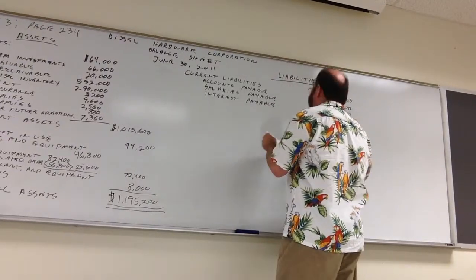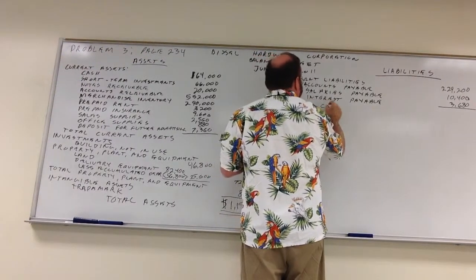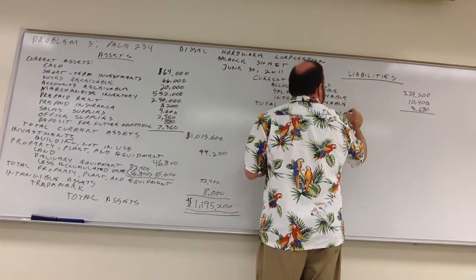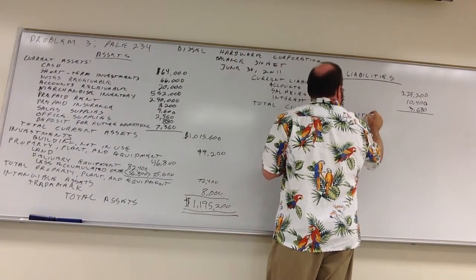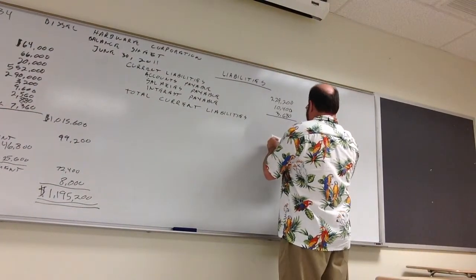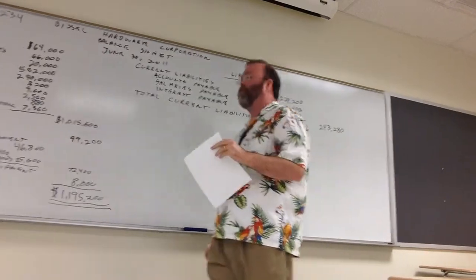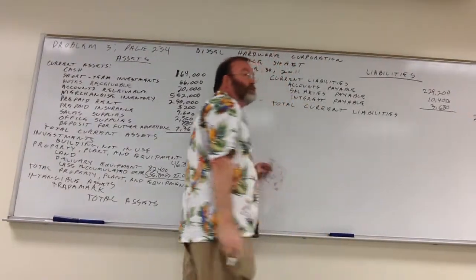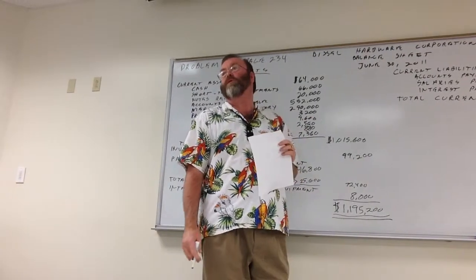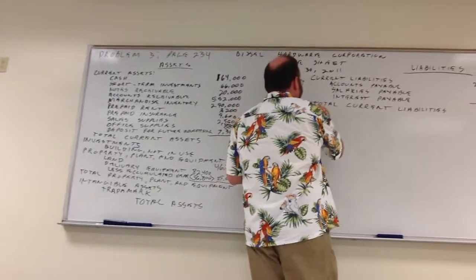Add those three together, and we get total current liabilities of $243,280. Everything else that we owe money to, if we're not going to pay it in the next 12 months, is a long-term liability.